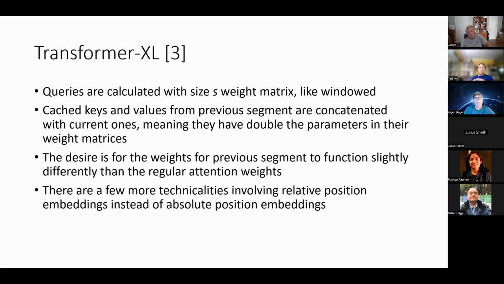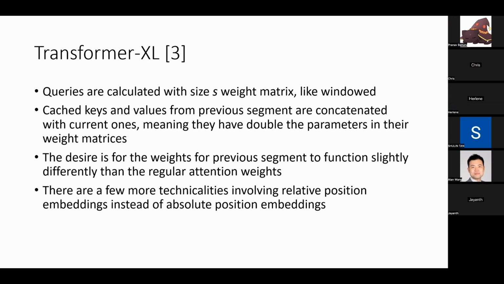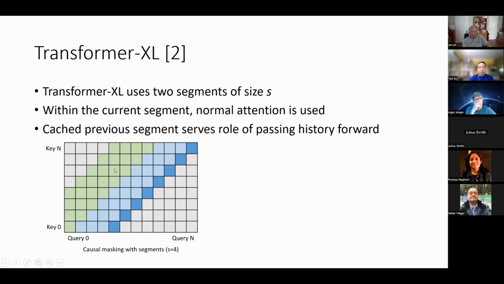But what they did in Transformer-XL is they had separate parameters for when the query is being compared to one of the green keys than the normal parameters it's using when it's being compared to one of the blue keys from this previous diagram. The reason for this is that they don't want the green ones to act just like position n-4, n-5, n-6, n-7. They want these to act more as a rolling history. So they're saying we're going to treat this a little bit differently.